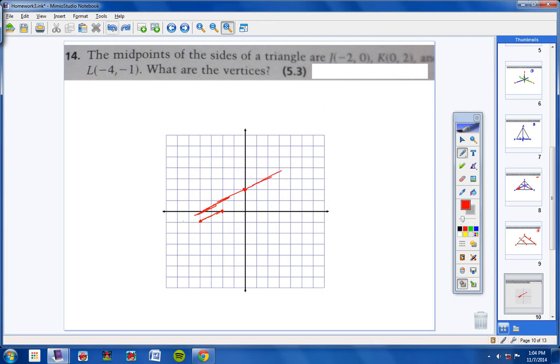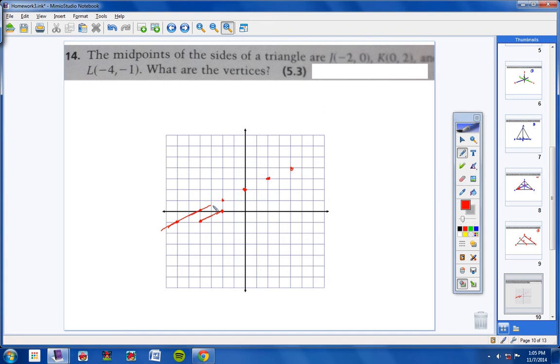So what I'm going to do is find the slope of this line, which is over 2 and up 1. From this point, I'm going to go over 2, up 1, over 2, up 1, then go down 1 over 2, down 1 over 2. I think I messed up there on that one, didn't I? Down 1 over 2. Okay, so there we go.